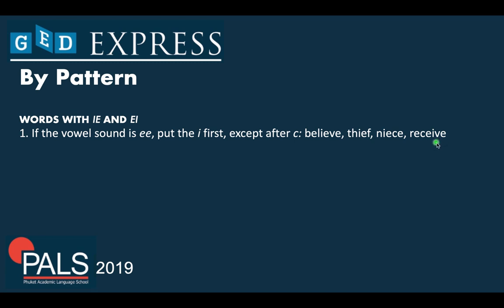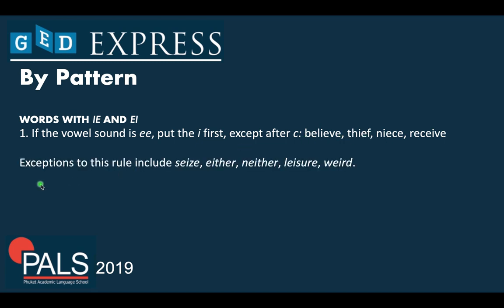If you think of the word friend, it works the same way as these other words. The exceptions to this rule include seize, either, neither, leisure, and weird. So these are just 5 words that you need to remember, and there you go. Everything else applies with the rule above.